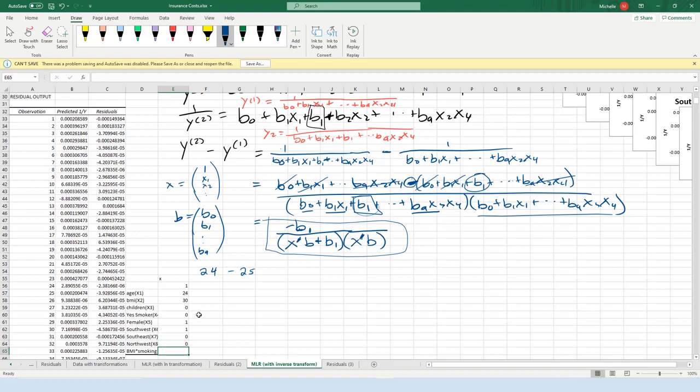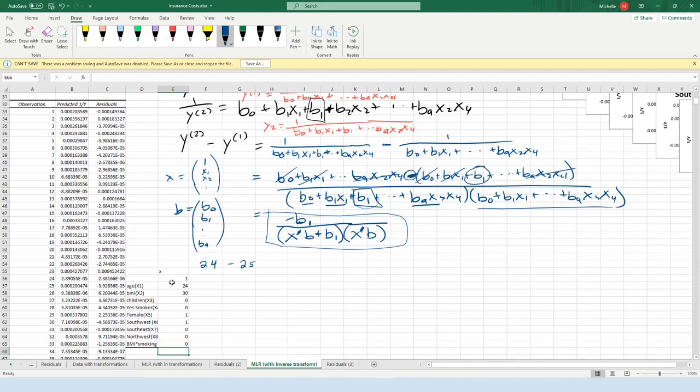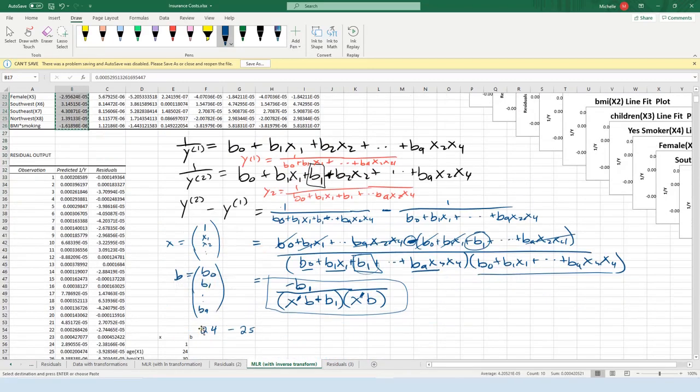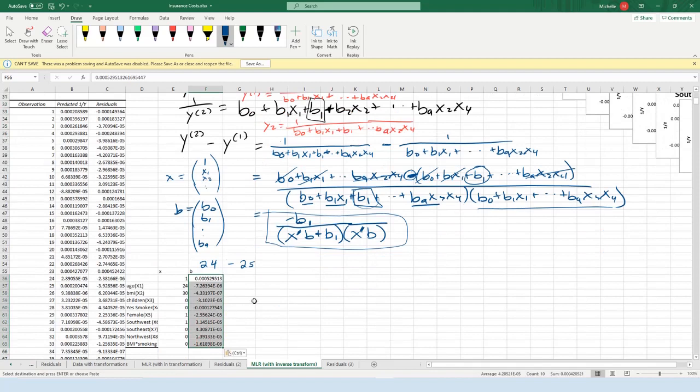And then the BMI versus smoking, so this would be BMI times smoking status. Okay, so this is X, right? This is X. B is all these coefficients here. So I'm going to Control C and Control V them here.